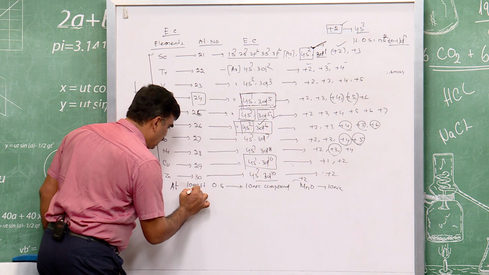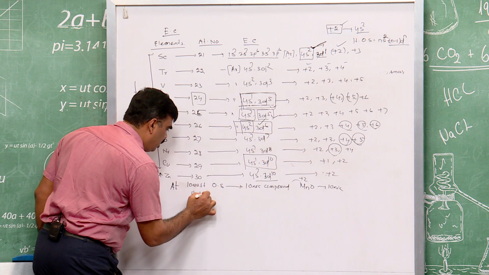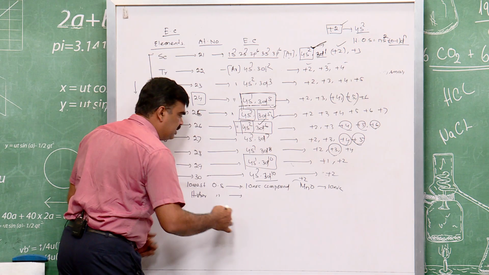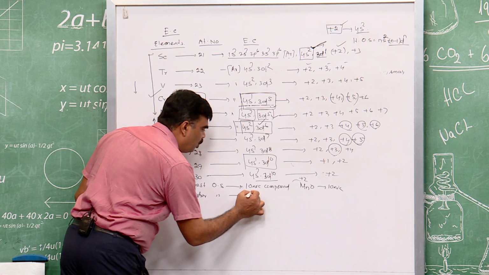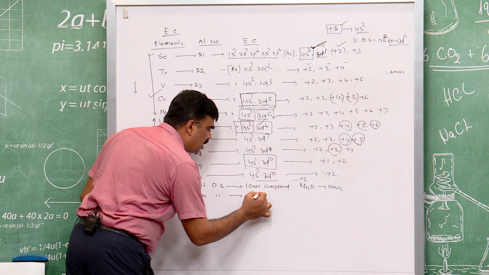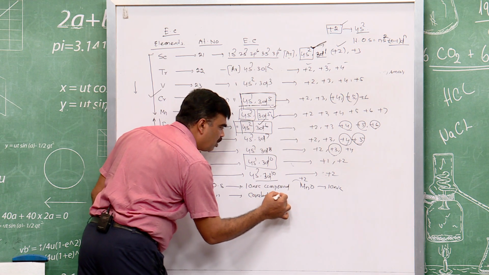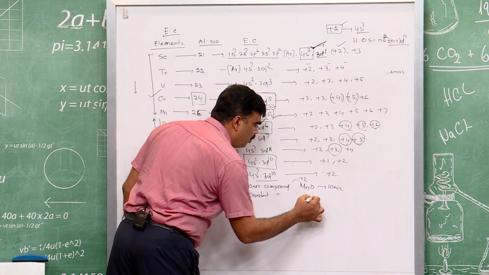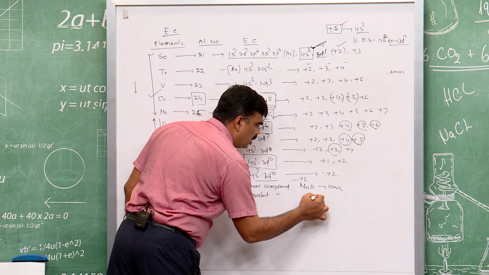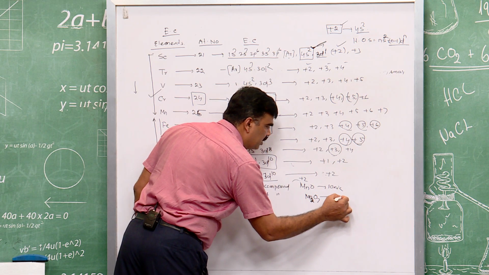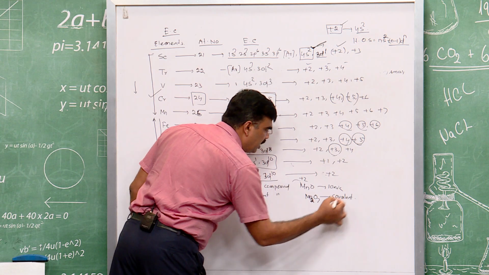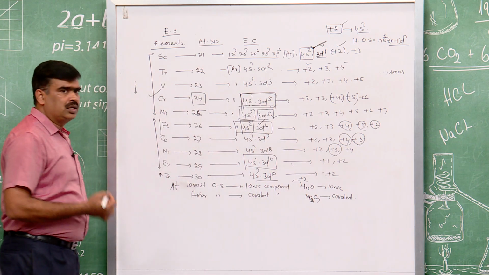And in the highest oxidation state, or as the oxidation state keeps increasing, covalent compounds are formed. Mn2O7 is covalent. That means with increase in oxidation state, the covalent character increases.